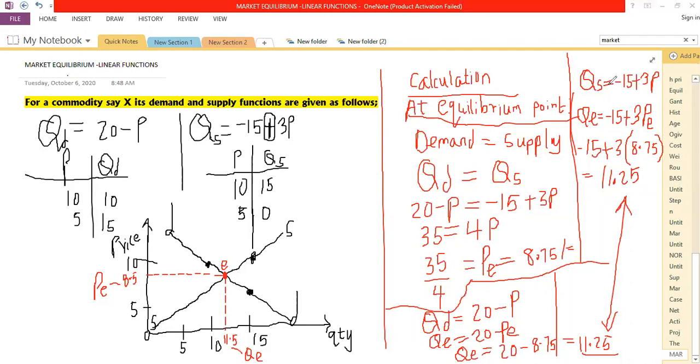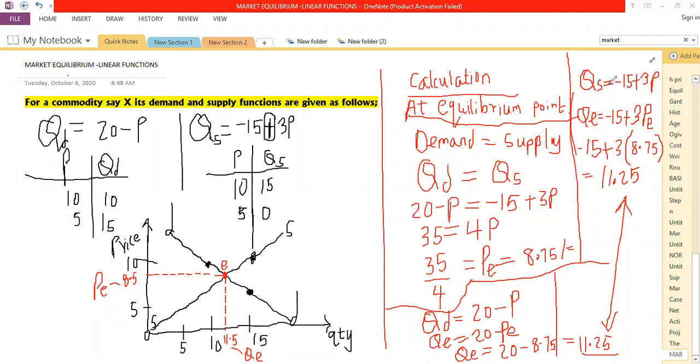Again, if the demand and supply functions are taking the linear form, one can still plot the two functions on a graph, and remember, the same graph. And at the point of intersection, you still are able to identify the equilibrium price and the equilibrium quantity.